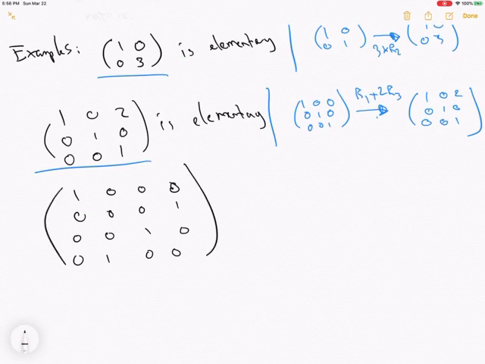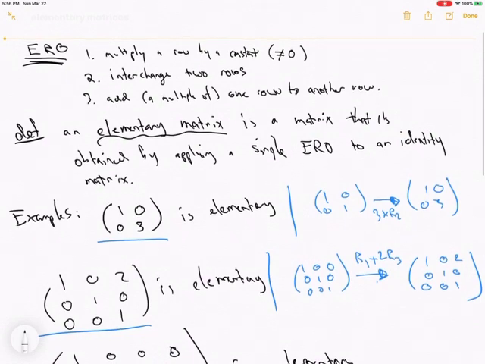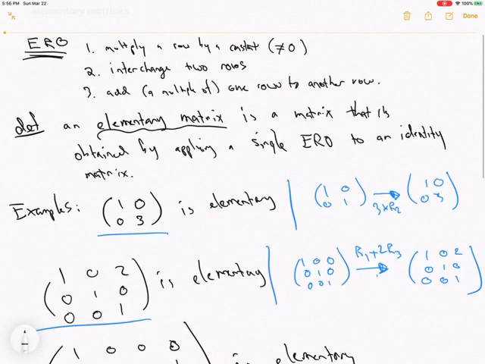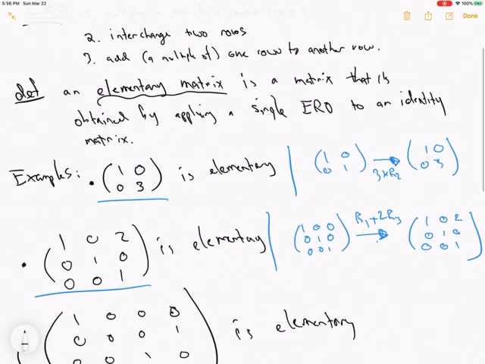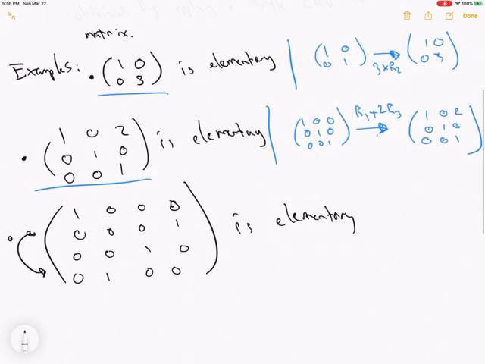This is also elementary, because I just took the identity matrix and swapped these two rows. So these are 3 examples, and each one corresponds to a different elementary row operation. This example comes from scaling a row by a constant, this one comes from adding a multiple of one row to another row, and this one comes from swapping rows.